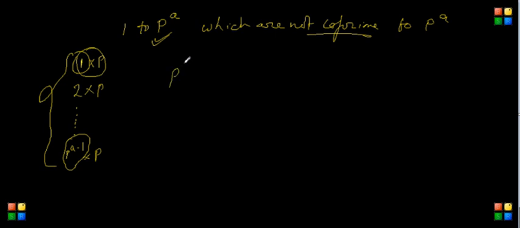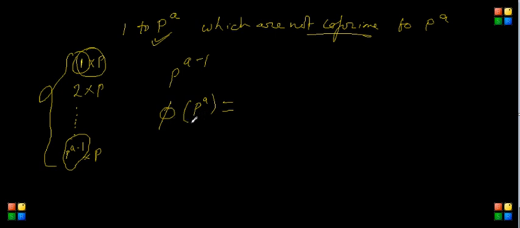These are p to the power a minus 1 in number. So we have deduced that in total there are p to the power a minus 1 natural numbers which are not coprime to p to the power a, less than or equal to p to the power a. Now I am trying to express what is phi of p to the power a.